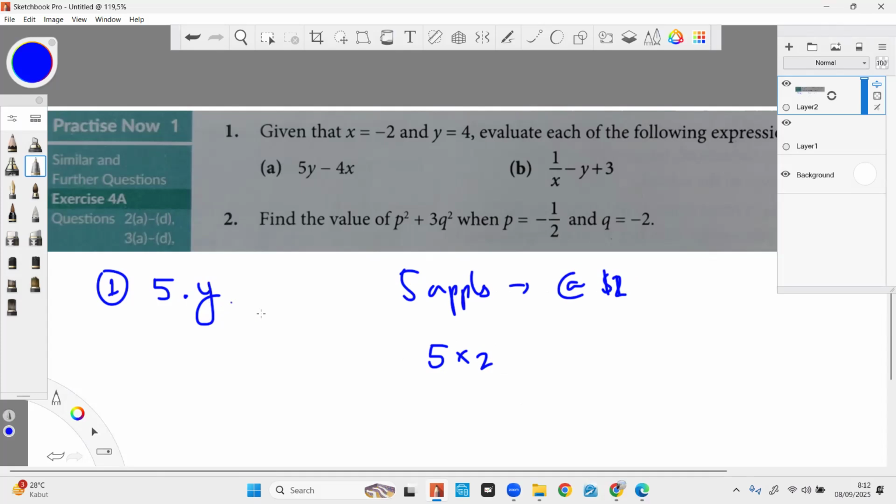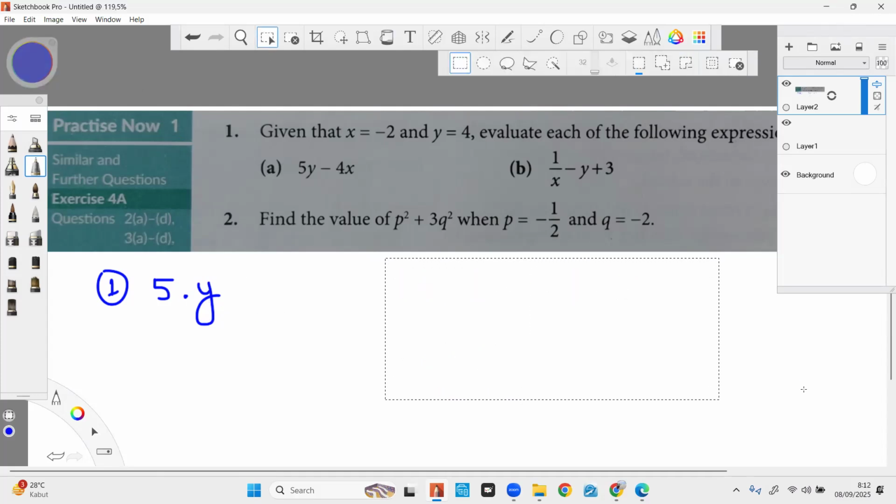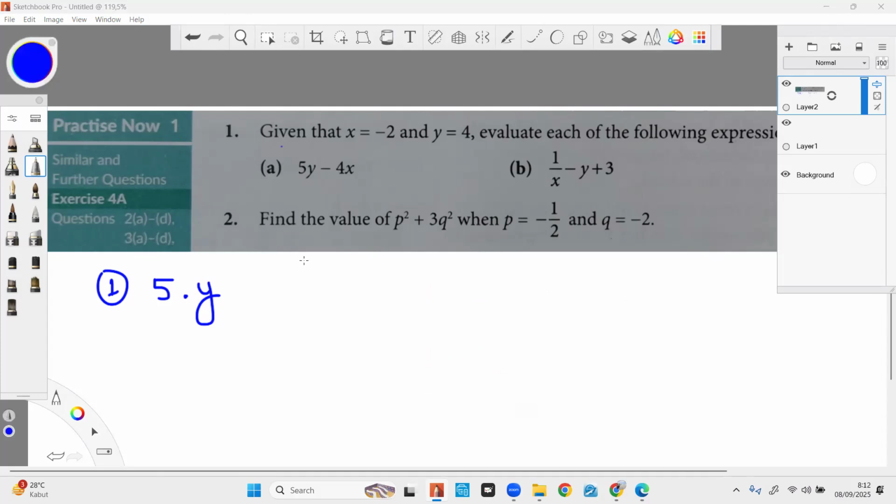I put dot for times. Y dot, later you can see what I mean. Minus 4 times x. If you look at this, it's so confusing, right? So the times has to be put dot in order to make it safe, to make it not complicated and to make it easier to differentiate between x and multiply.